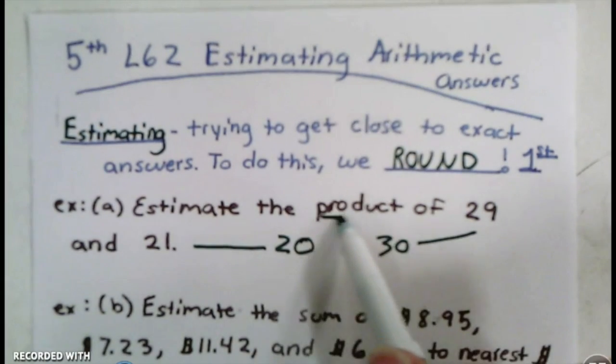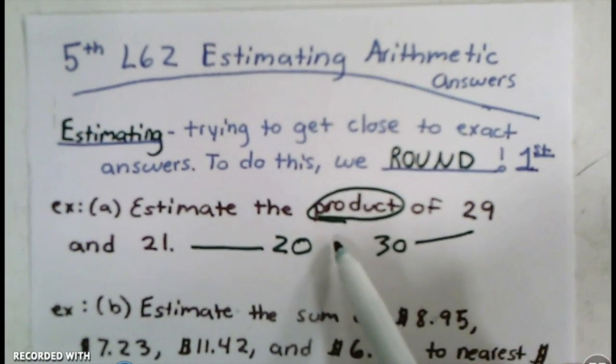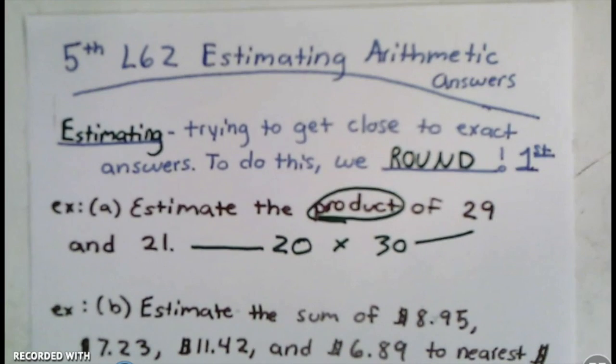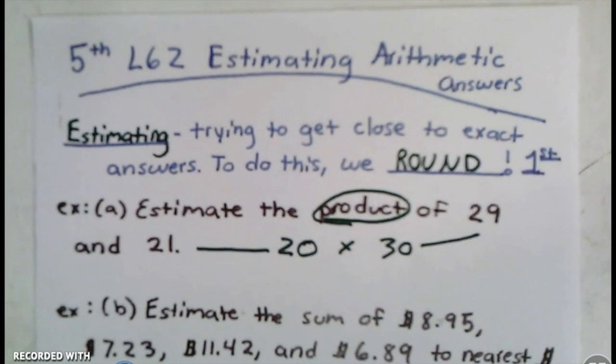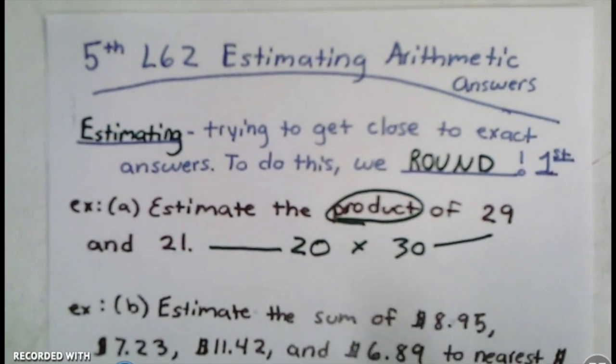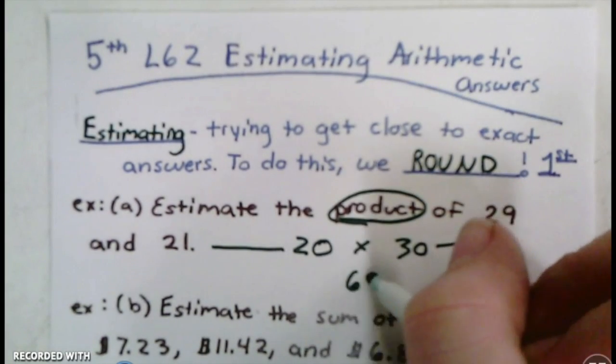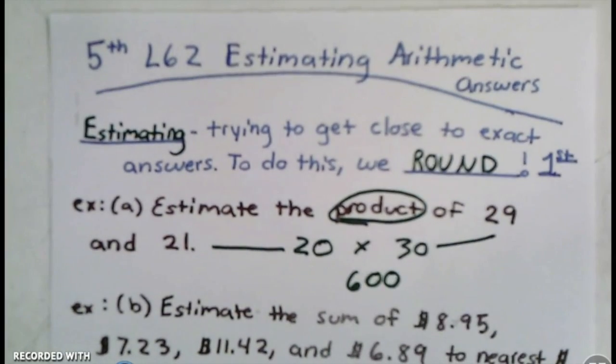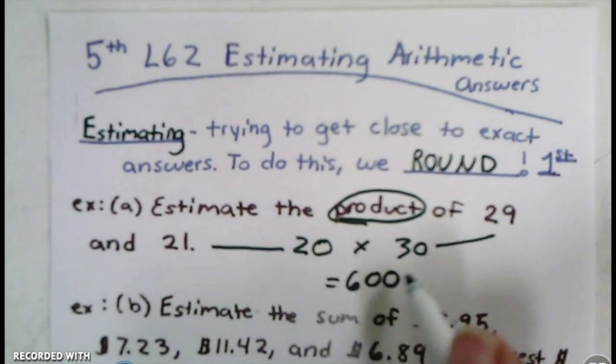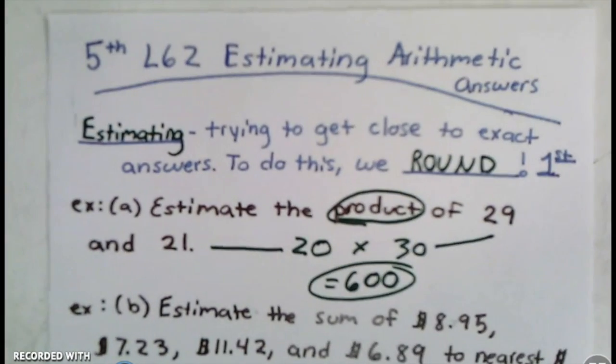And since it is a product, I know it's multiplication. So 20 times 30 is easy because they both end in 0. So I can do 2 times 3 is 6. And then add those two zeros. So the product of 29 and 21 is pretty close to 600. See how easy and fun this is?